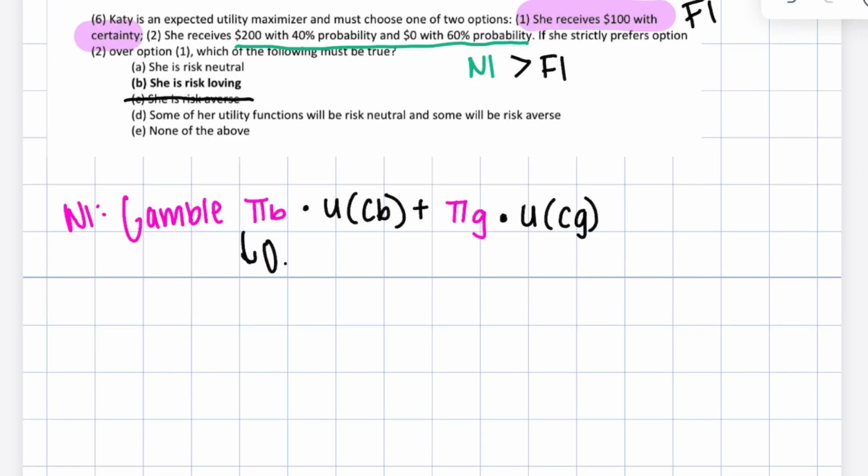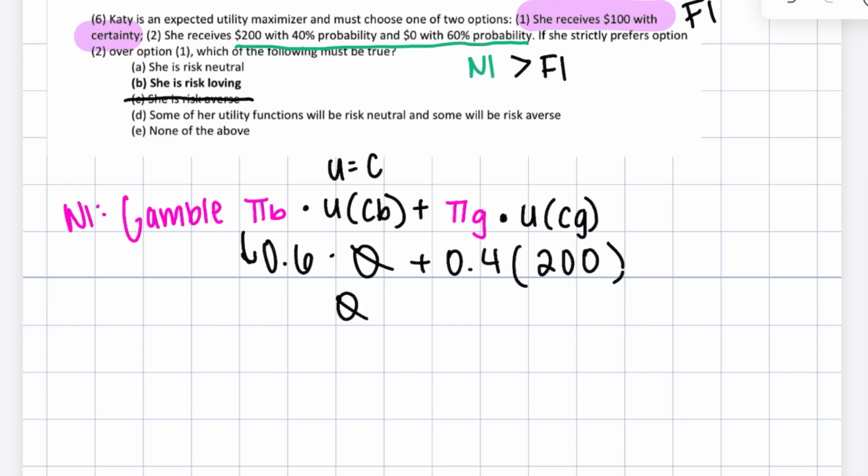So that means that we have a 60% chance of winning $0 plus a 40% chance of winning $200. It tells us nothing about our utility function being nonlinear, and so we're just going to assume that U equals C. And so that's going to be 0 plus 40% of 200, that's going to be 80.